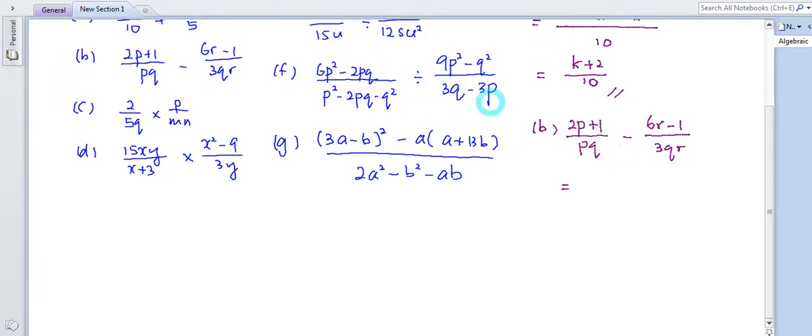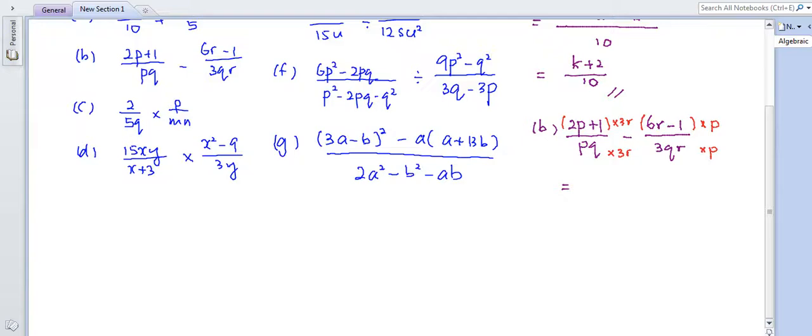So for this part I just times 3r, the whole denominator here, also you have to multiply r. So how about this part? I need to times p, the whole part here also I need to times p.